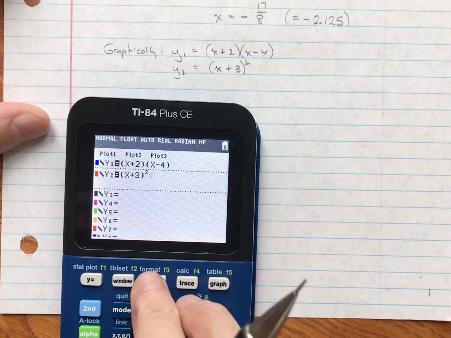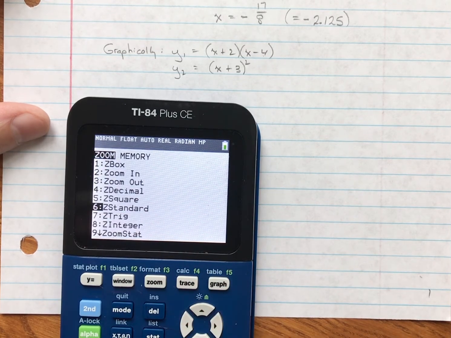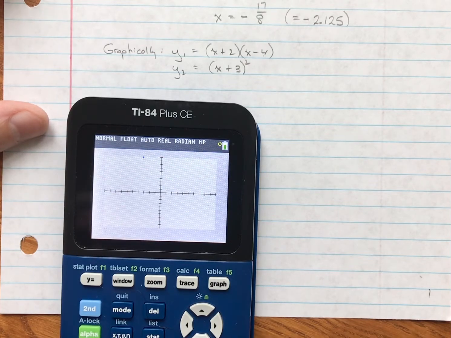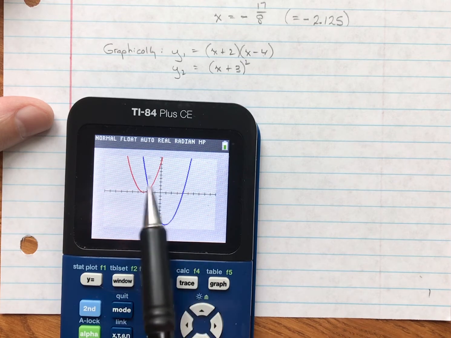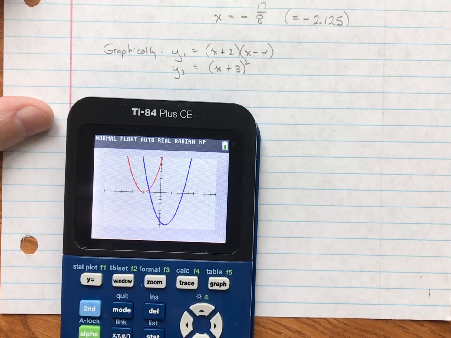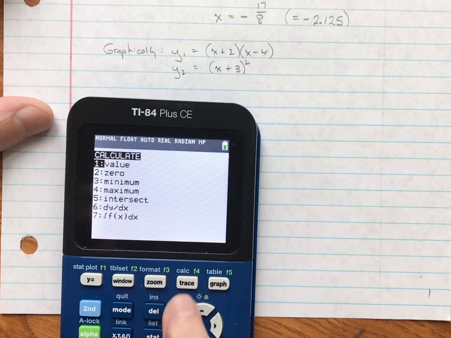Now I'll go back and do my Zoom standard 6, and here they come. There's the first one. It makes a curve, that's okay. The second one intersects right here, it looks like, in quadrant number 2. So let's go to second calc, intersect, number 5.